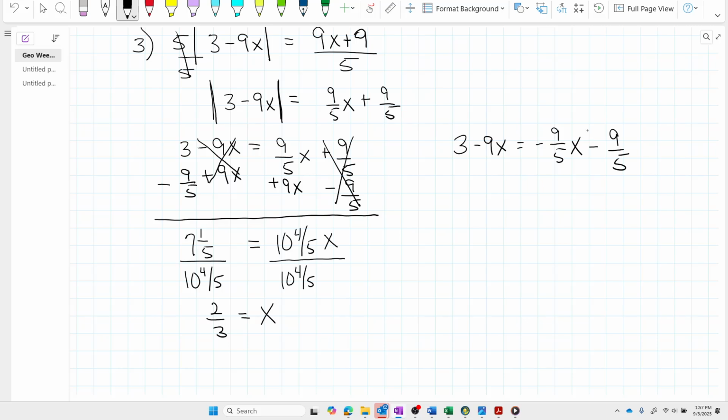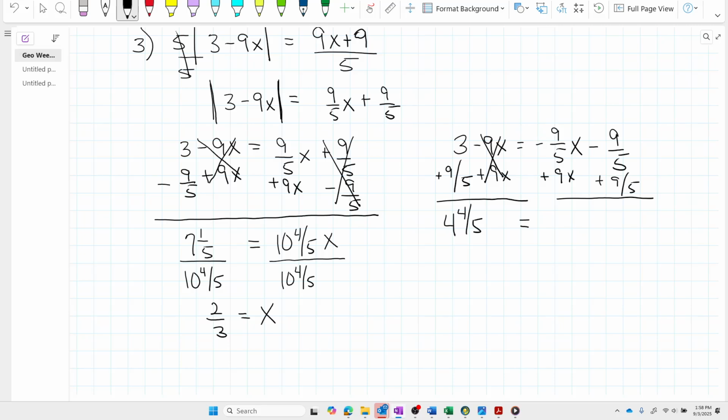Then we're going to do the same thing in this other equation. We're going to add 9x to each side and add 9/5 to each side. So 3 plus 9/5 is 4 4/5. These 9x's cancel.